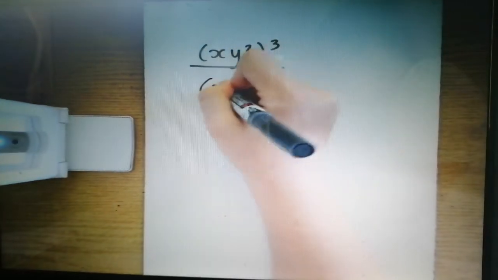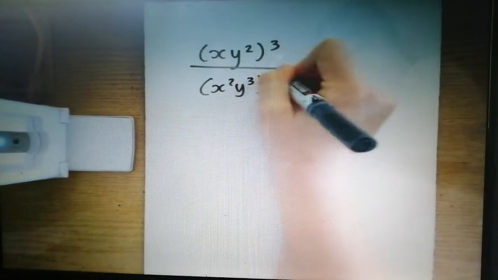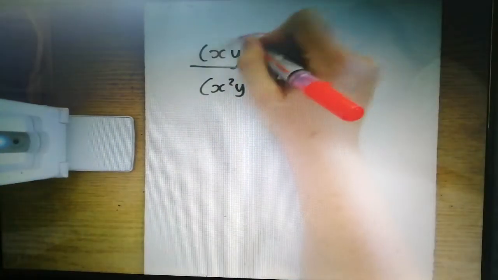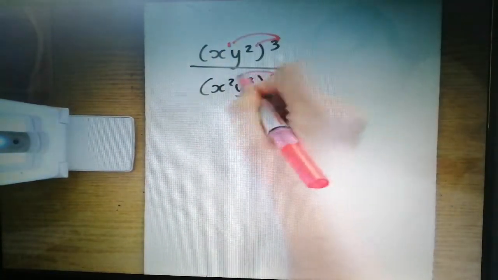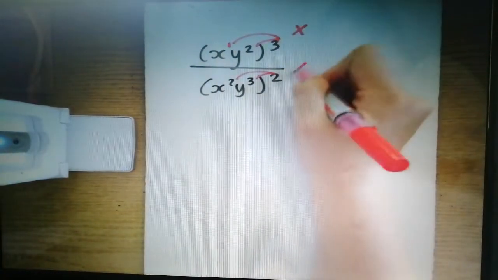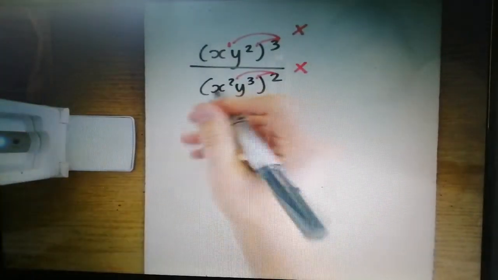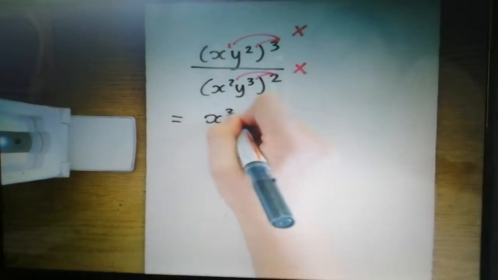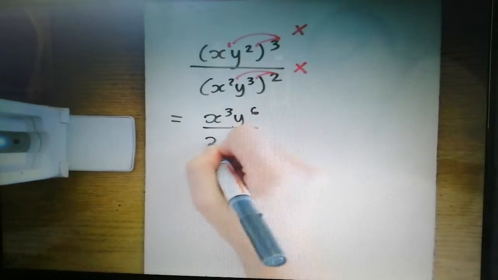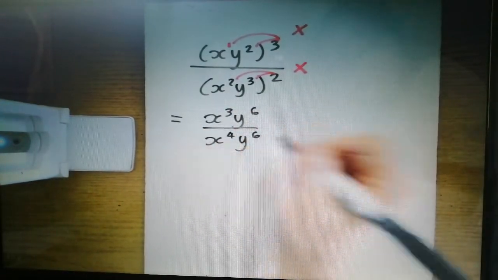Okay. Question 5. I have xy squared raised to the power of 3 over x squared y cubed raised to the power of 2. So I take this in, taking powers to powers, and when I'm bombing in, it's an explosion, so I must be multiplying. And I end up with x cubed y to the 6 over x to the 4 y to the 6.